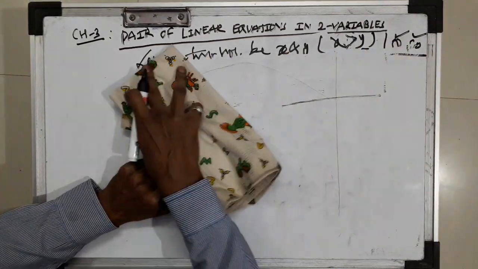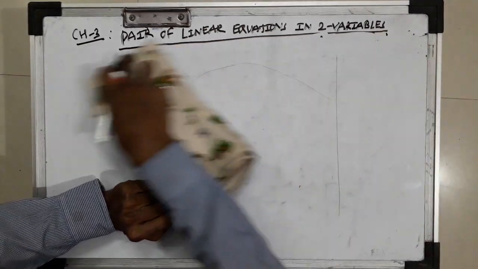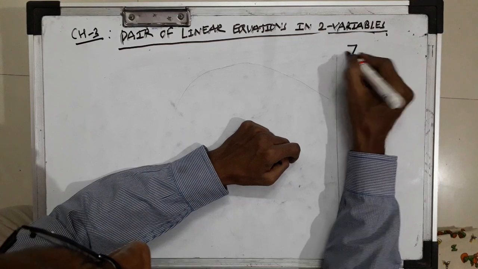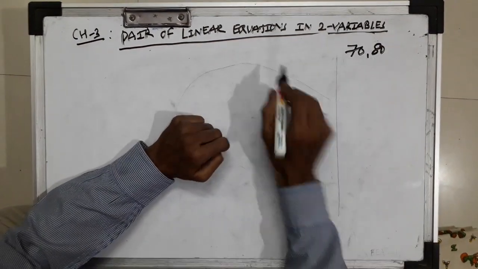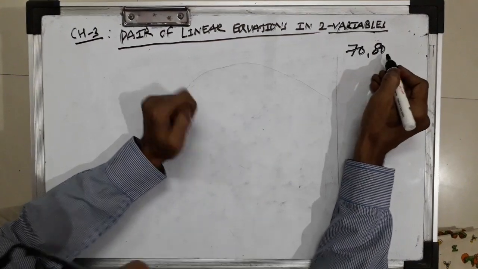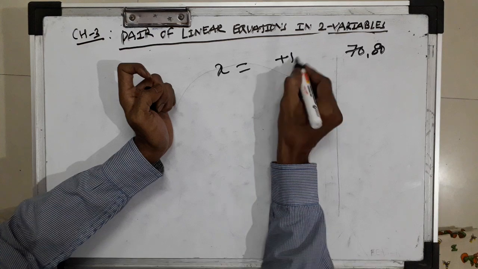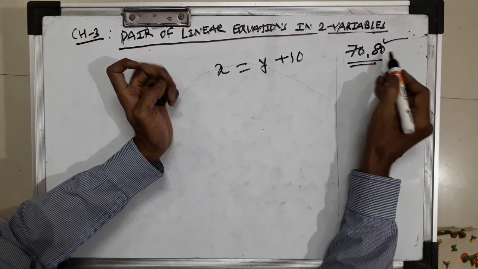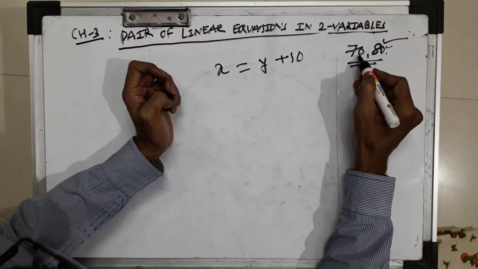Suppose we take one more example related to numbers or integers. Suppose the two numbers are 70 and 80. Again, one number is greater than the other by 10. Is it right? Because one number is 80, which is greater than the second number, 70, by 10.